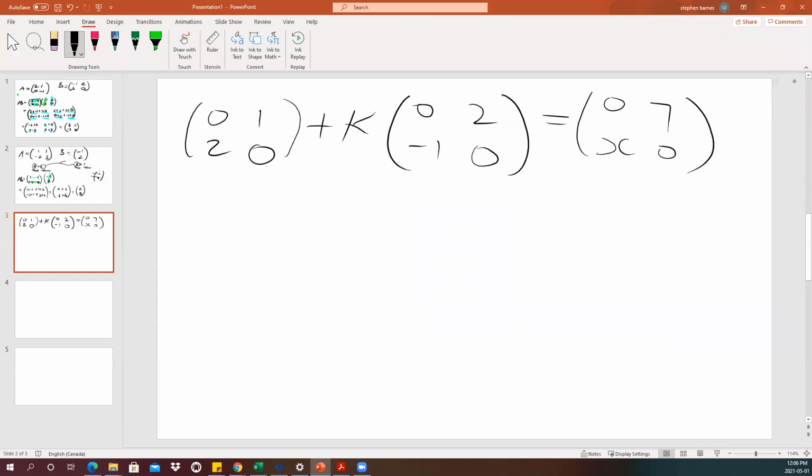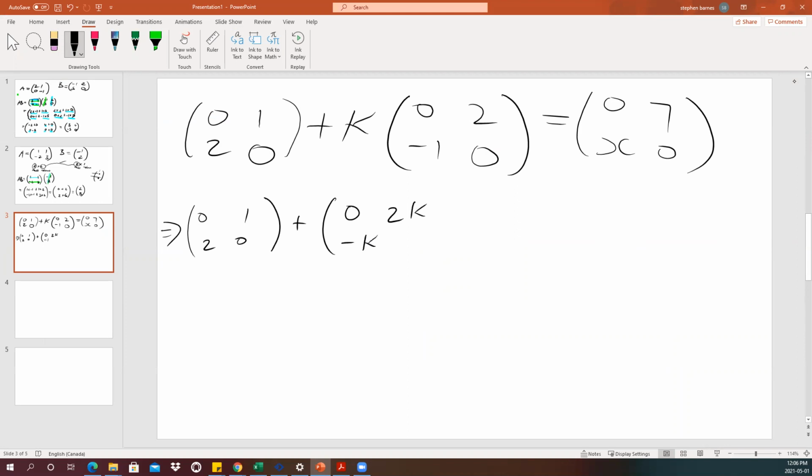So first off, what I would do is to simplify. And for me, simplifying doesn't mean multiplying out this k thing, multiplying out the scalar. So 0, 1, 2, 0. So this now would be, so this is still 0. This is now 2k.